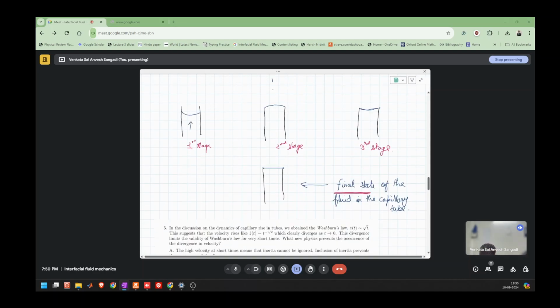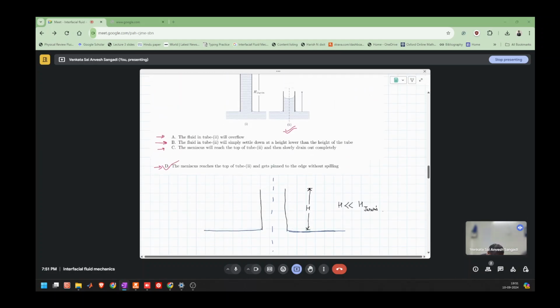And once these oscillations damp out, we see that the fluid gets pinned to the sides, and therefore in the final state the fluid in the capillary tube gets pinned to the corners and stays flat. So therefore the correct option is D.